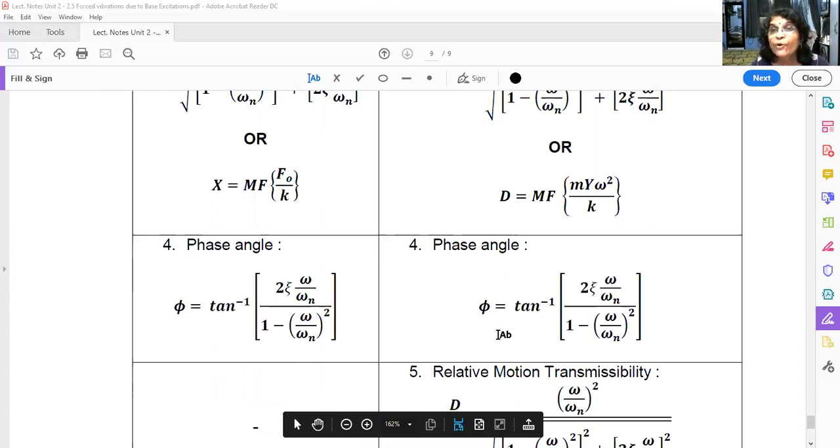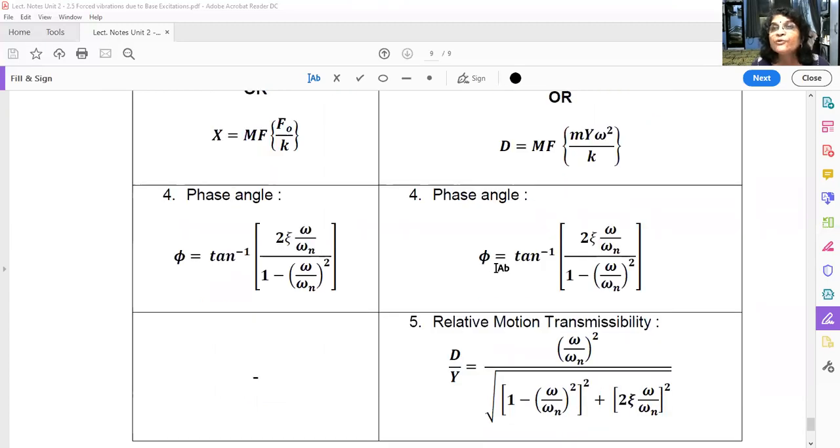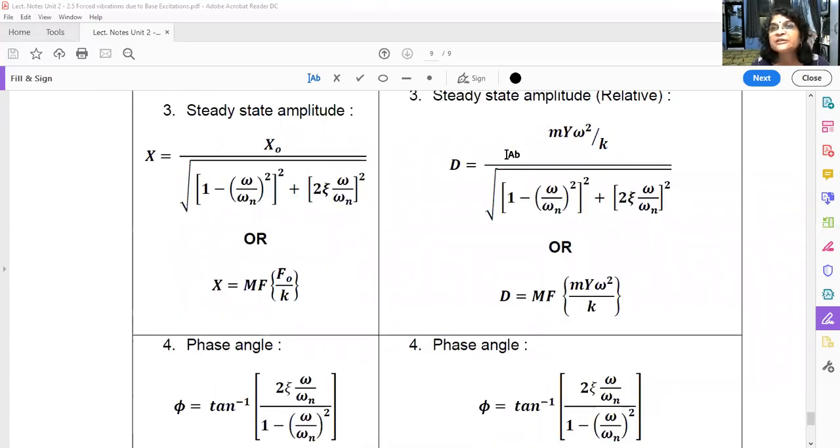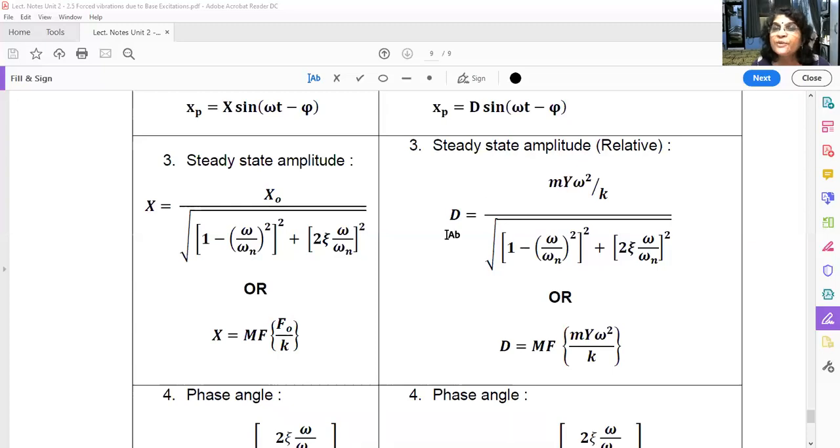Okay. Now here we want to write the same equation, the steady state amplitude, in dimensionless form. So this Y, if you take it here, it will become D upon Y, capital D upon capital Y. That means it is a ratio of relative amplitude to the amplitude of support vibration. What will remain here then?